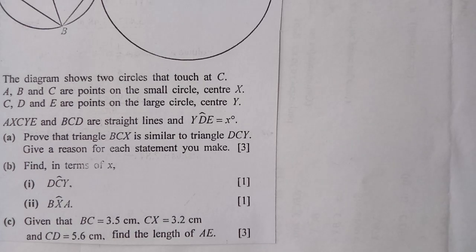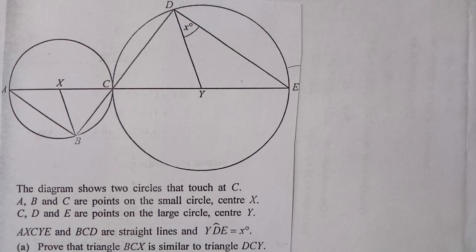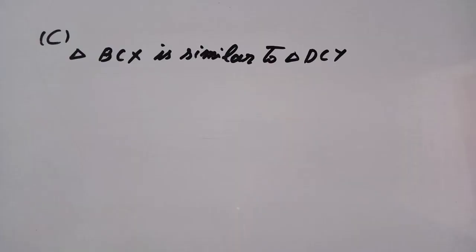So in the figure, the triangle BCX is similar to the triangle DCY. The ratios between the corresponding sides of similar figures are equal. So CY by CX is equal to DC by BC.